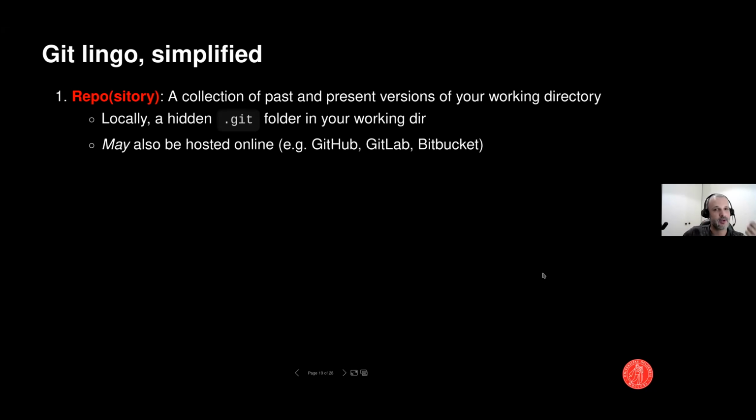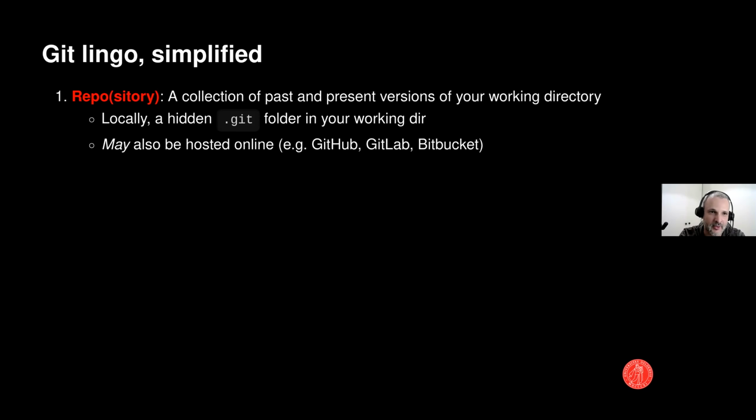So yeah, moving on to some lingo. We're going to talk about three important things here. One is the repository, or repo for short. That's basically a collection of past and present versions of your working directory, so the folder you see on your computer.